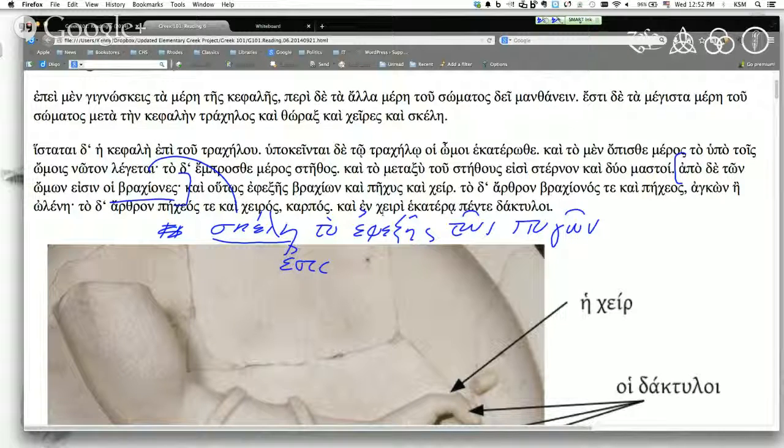Okay, scale esti. One last thing. Apo. Very good, excellent.